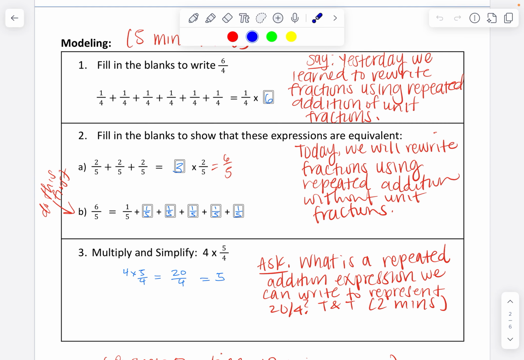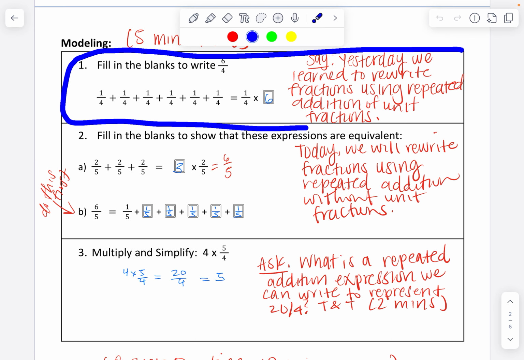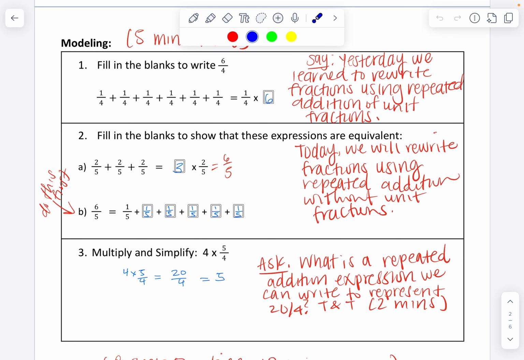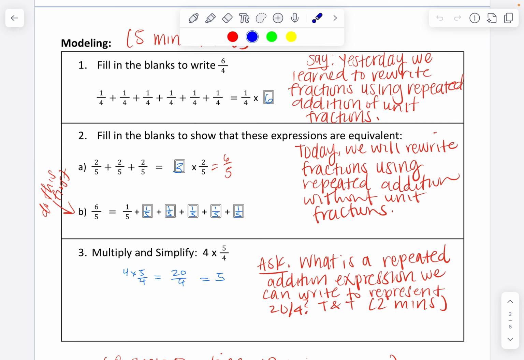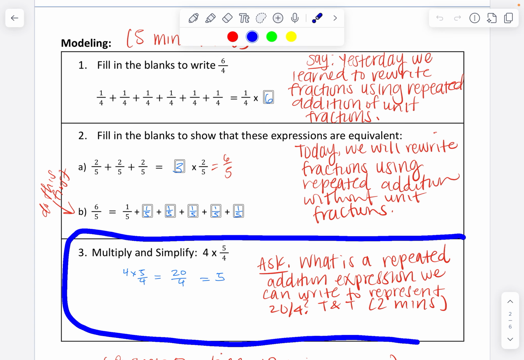So you're going to take everything from the previous page to talk about what we did yesterday, model for them what we're going to do today, and then show them how to simplify.